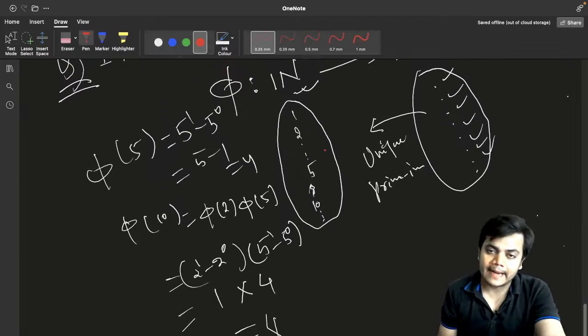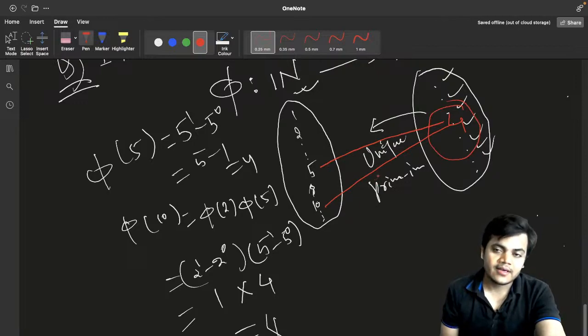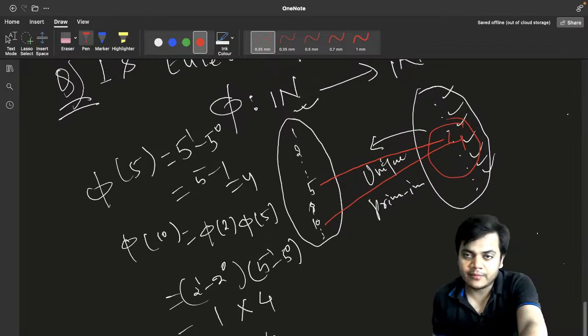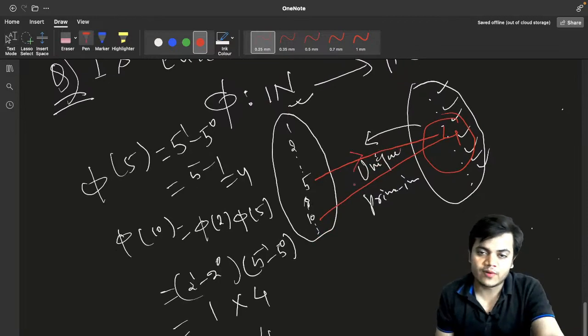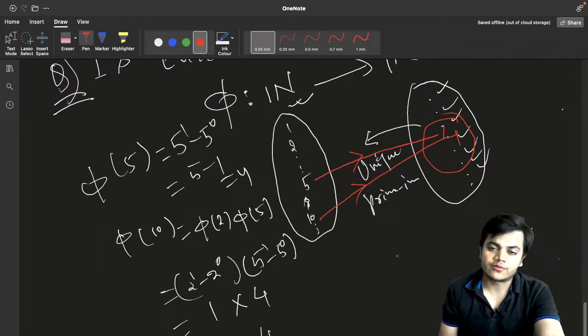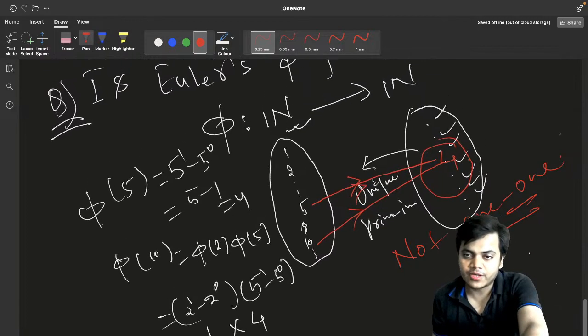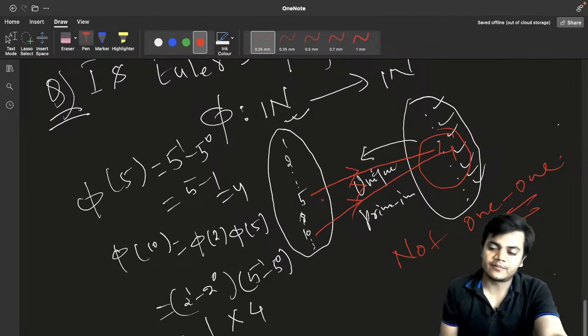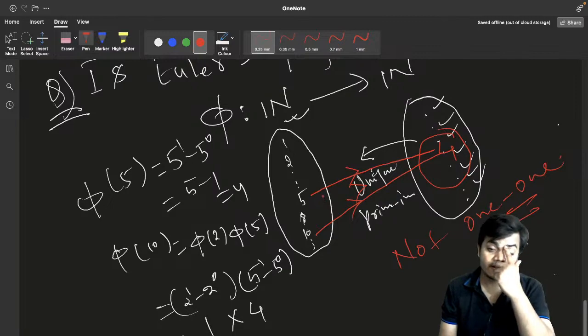You can see the image of 5 is 4, and the image of 10 is 4, isn't it? So 4, which is an element of the codomain, has more than one preimage. Therefore, it is not one-one. That is why this will not be one-one, because here this natural number 4 has more than one preimage.